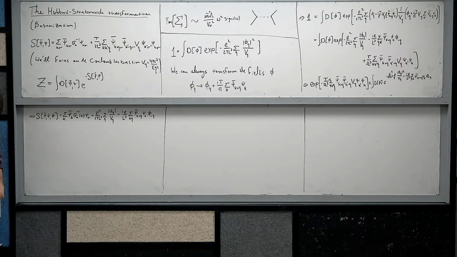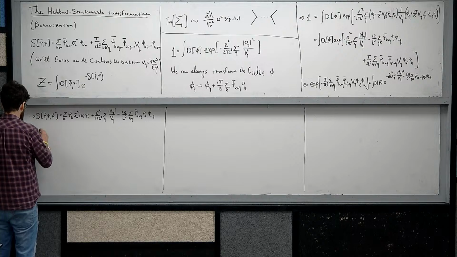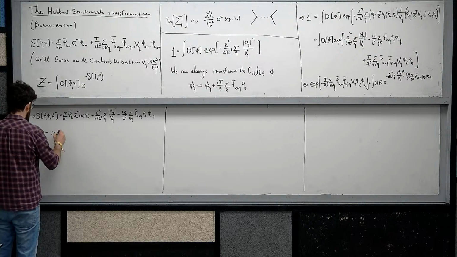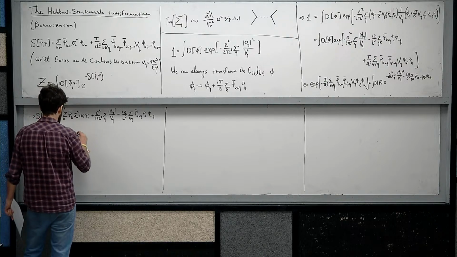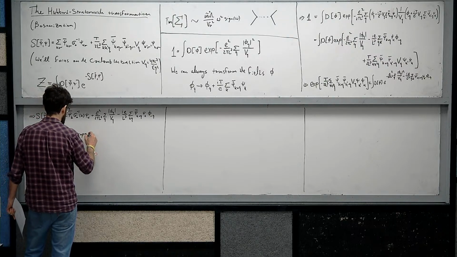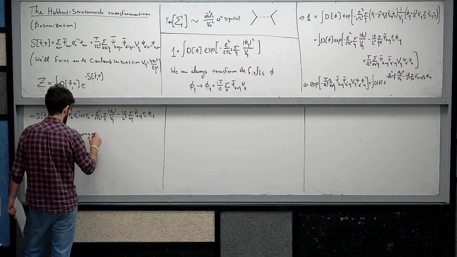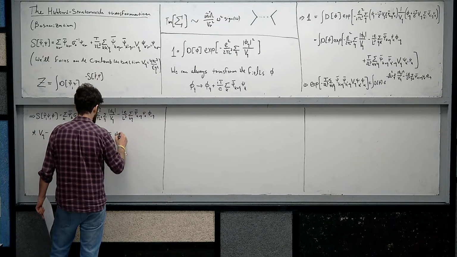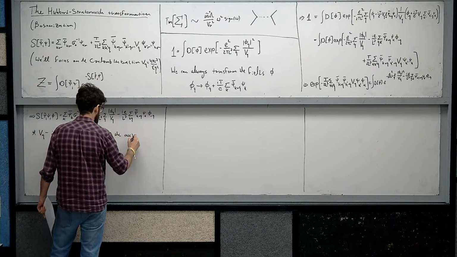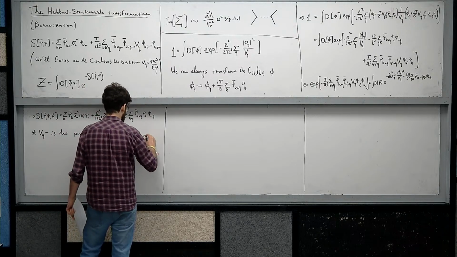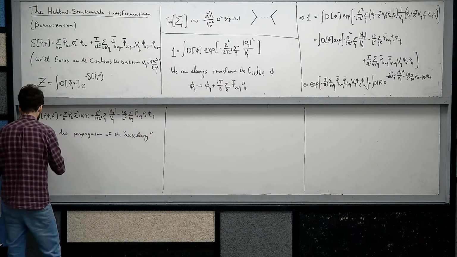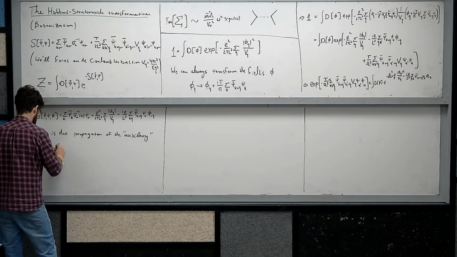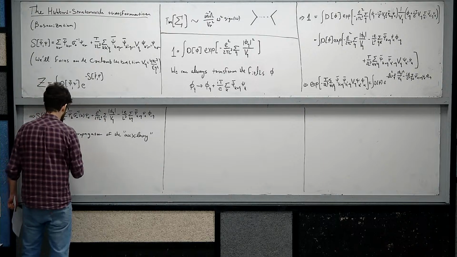Now I want you to notice a few things, a few comments that we need to make. So the first thing is that vq is the propagator of the auxiliary boson field phi.